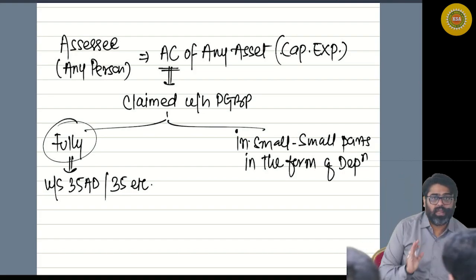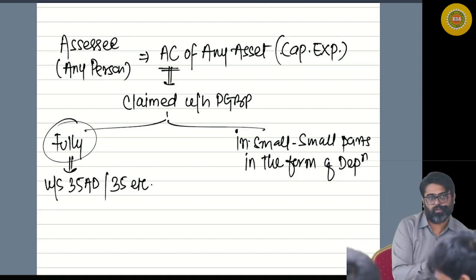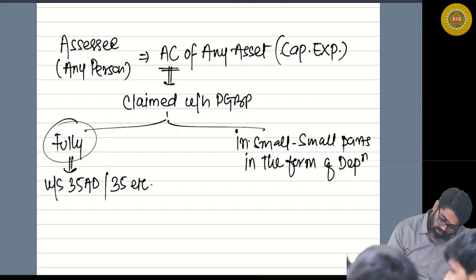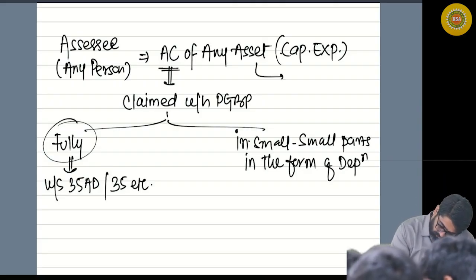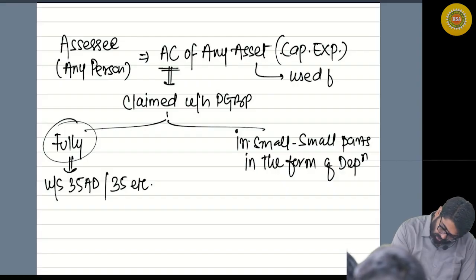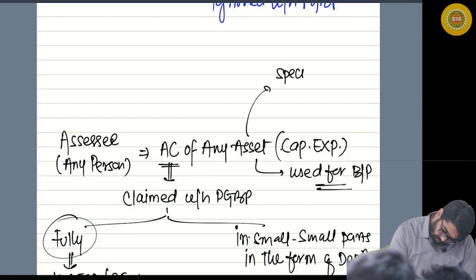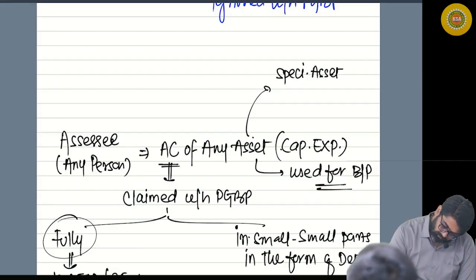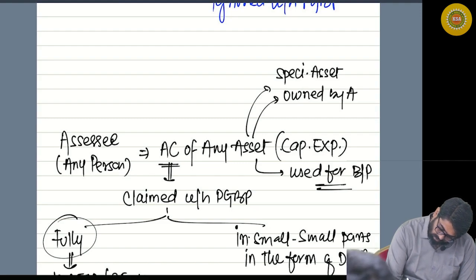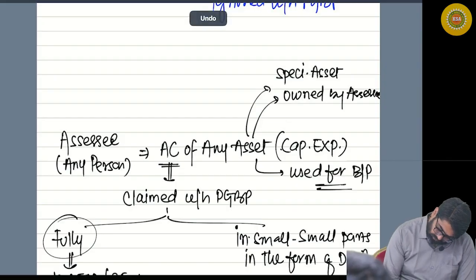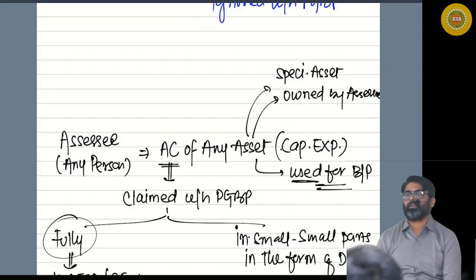But if it is not covered under any specific provision and it is used for the purpose of business or profession, the asset should be a specified asset. This asset should be owned by the assessee, and used for the purpose of business or profession.